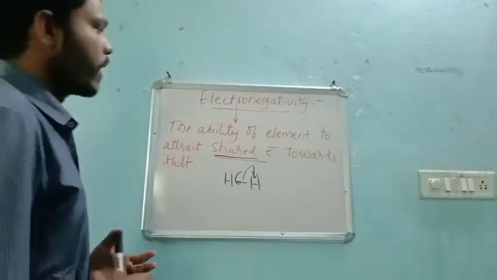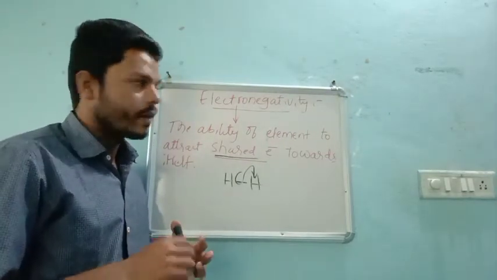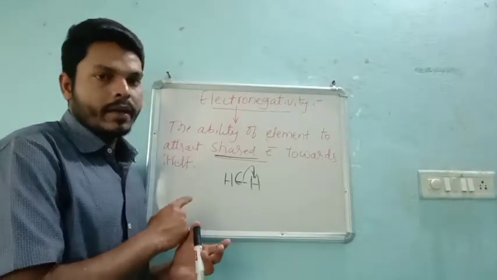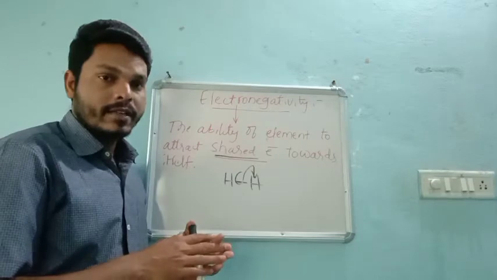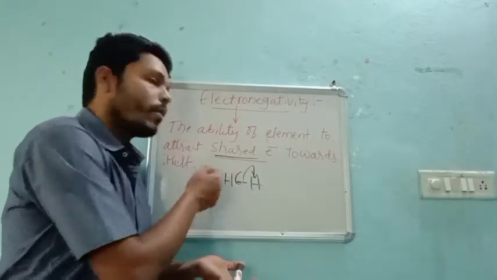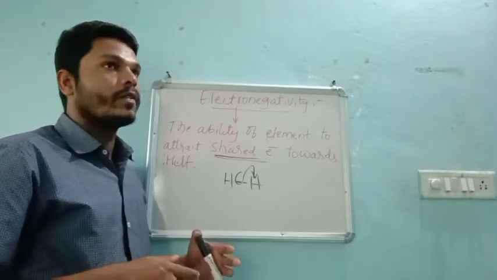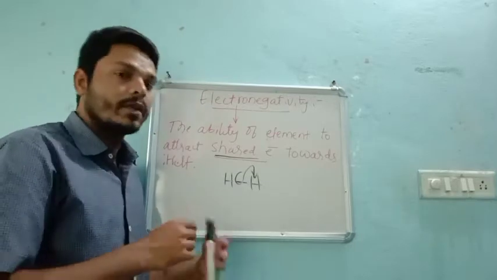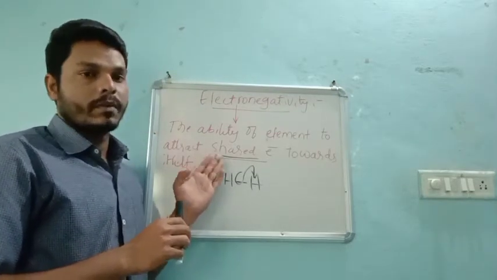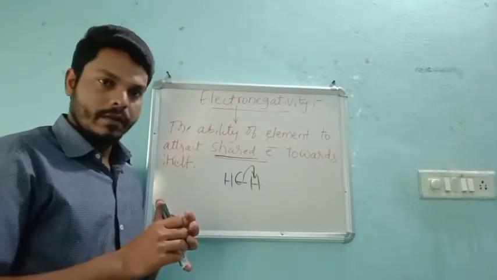How this electronegativity varies in a group as well as in a period, we will see definitely. But try to understand: if any atom attracts already shared electrons, already shared for the formation of a bond, and one element is attracting them towards itself, then such a process is called electronegativity, right?